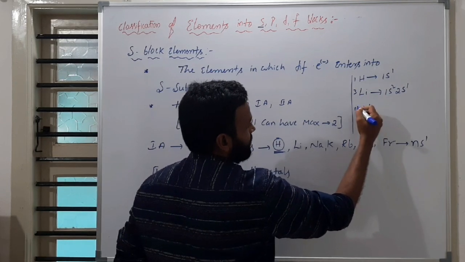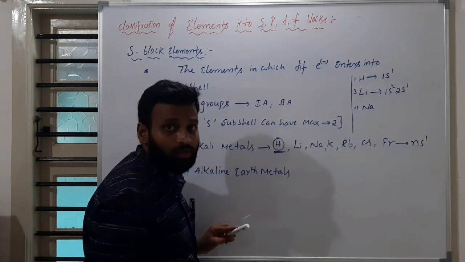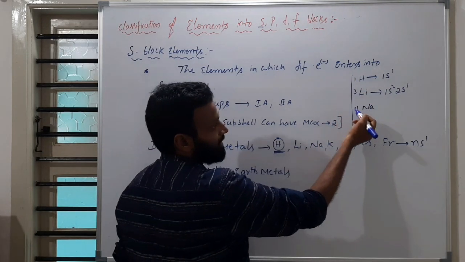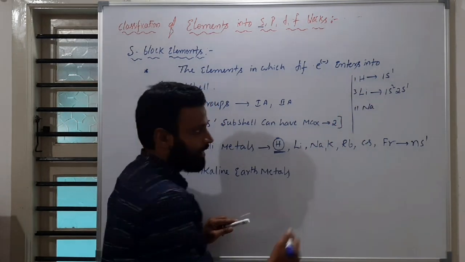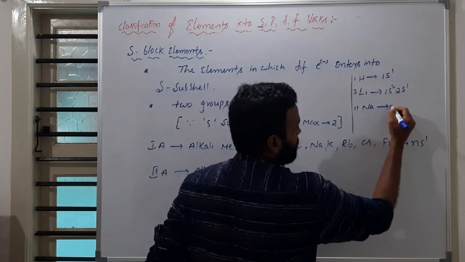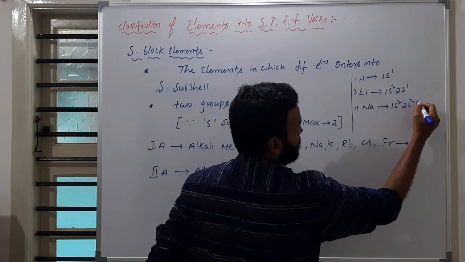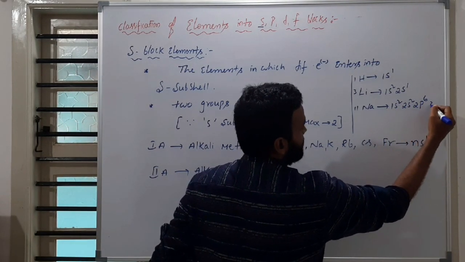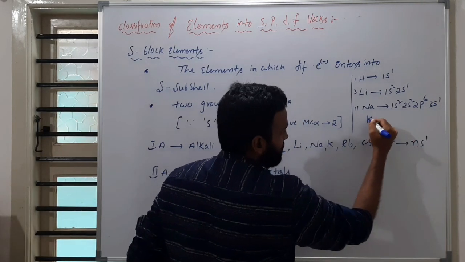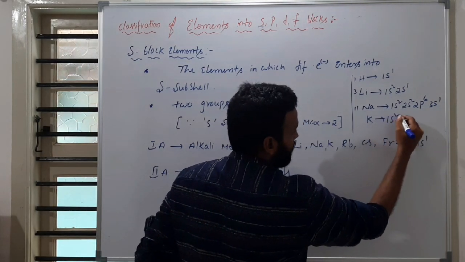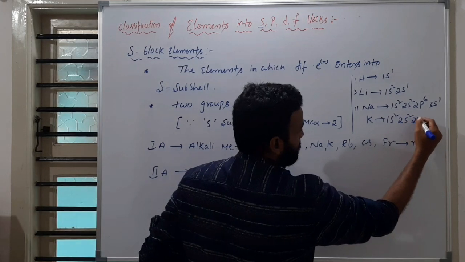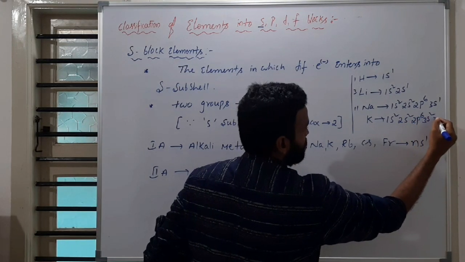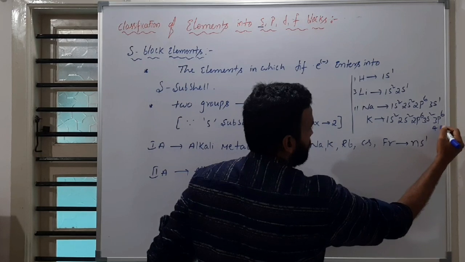Sodium is 11. How to write it was given: 1 plus 2, 3, 3 plus 8, 11, like that. I won't repeat. Now, sodium configuration is 1s2, 2s2, 2p6 and 3s1. And potassium, in the same way, 1s2, 2s2, 2p6, 3s2, 3p6 and 4s1.